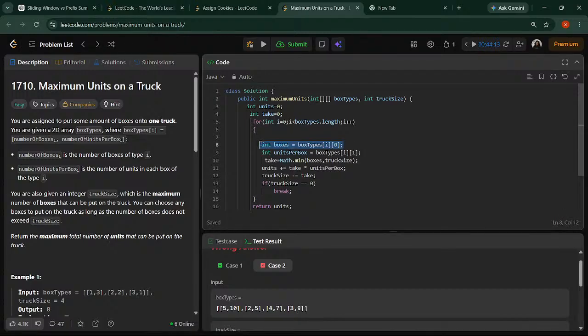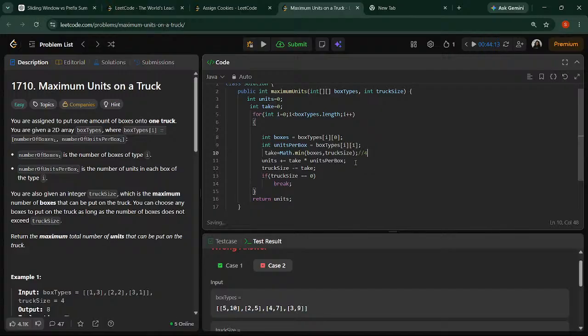Boxes equal to 5 and units per box we will be getting 10, right? We will take the minimum of 5 or 4. We are taking 4 as take, right? And units plus equal to, wow, my mic was, okay. We got units plus equal to take into units per box, right? What are we having in my units? 4 into units per box.